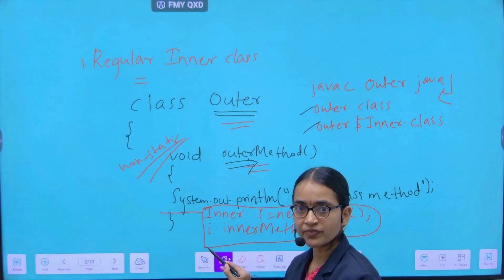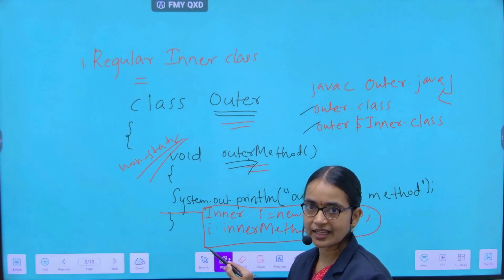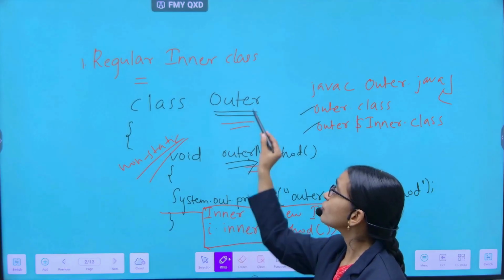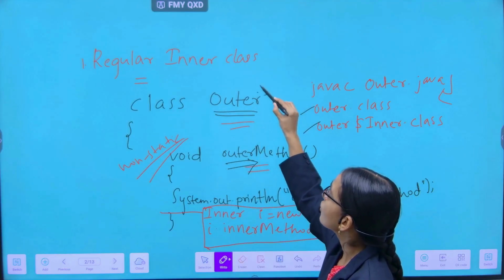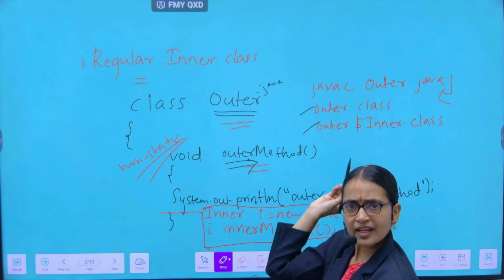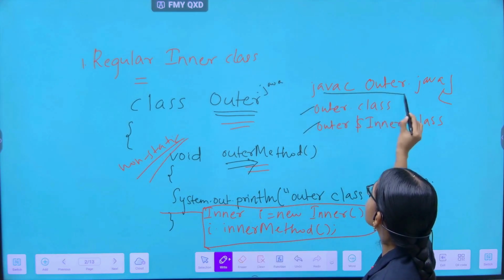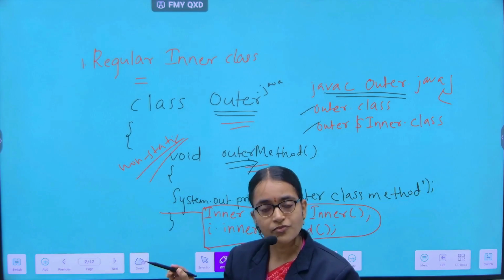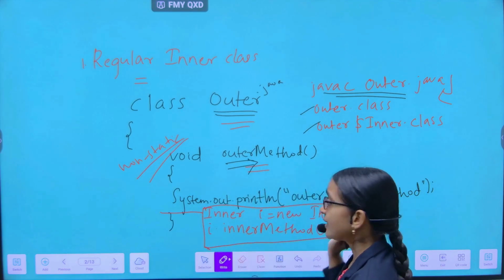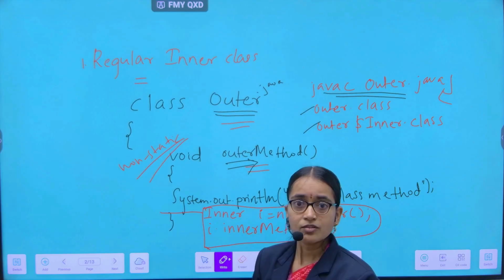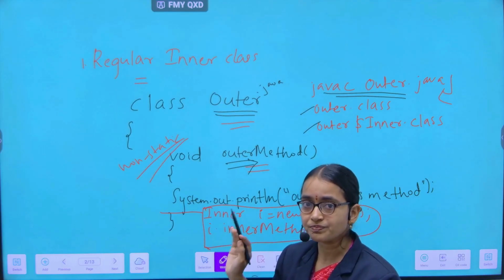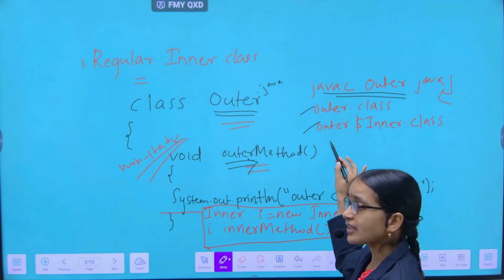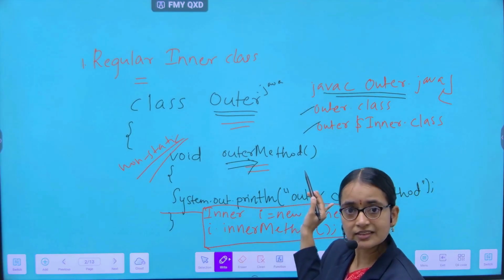After this, if we assign the file name by saving it as outer.java and compile the code with javac outer.java, two bytecode files are generated. One is a pure outer class, and the second one is outer class as well as inner class.